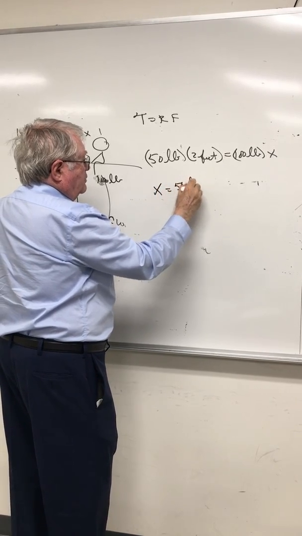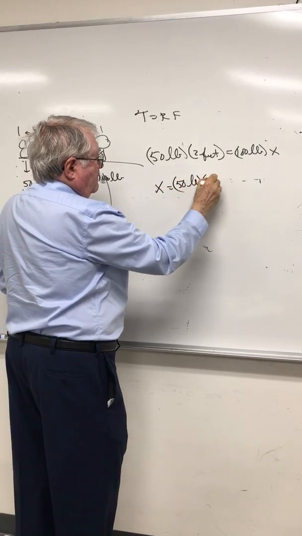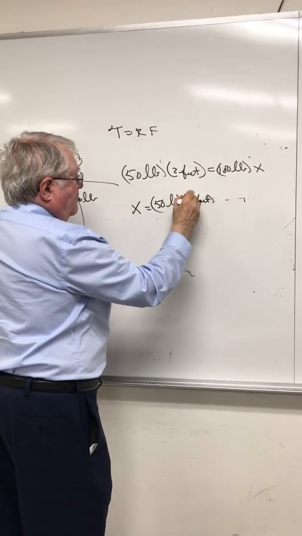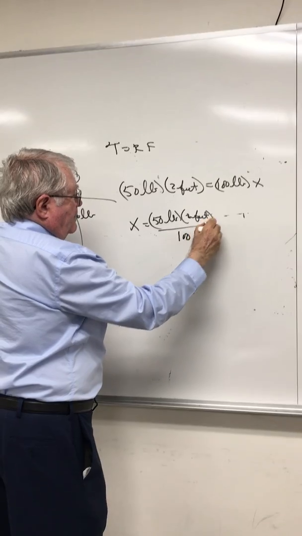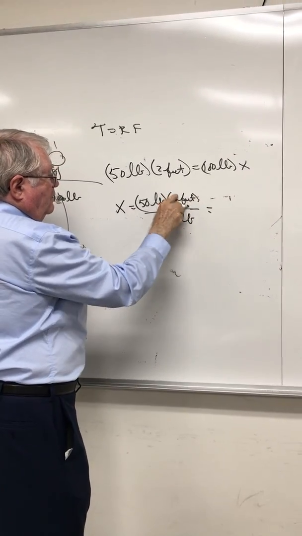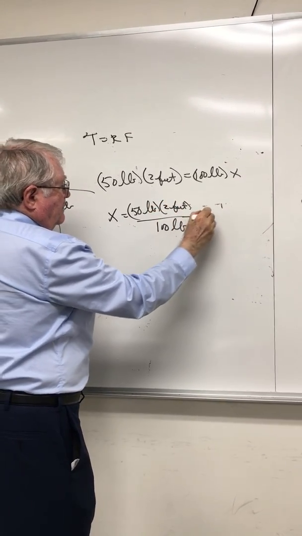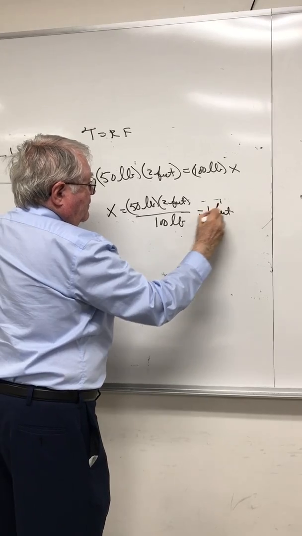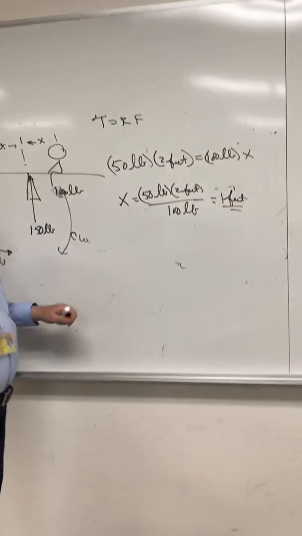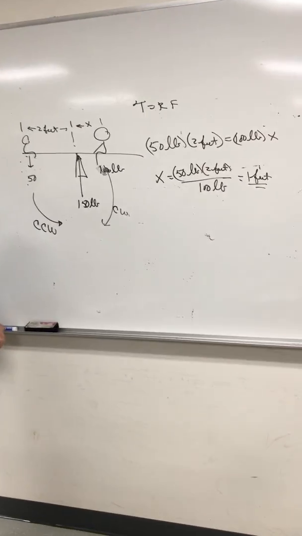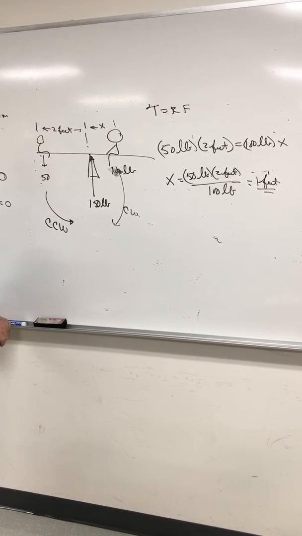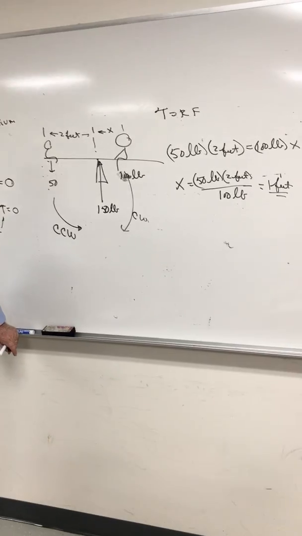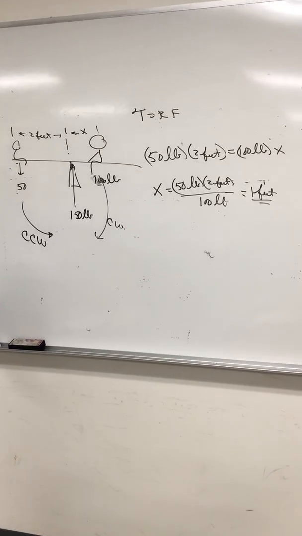So 50 pounds times 2 feet divided by 100 pounds comes out to be 1 foot. And that's a simple example of static equilibrium. The forces have to balance out, and also the torques have to balance out. The rotations have to balance out.